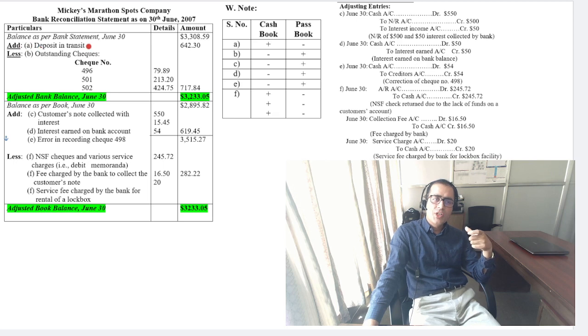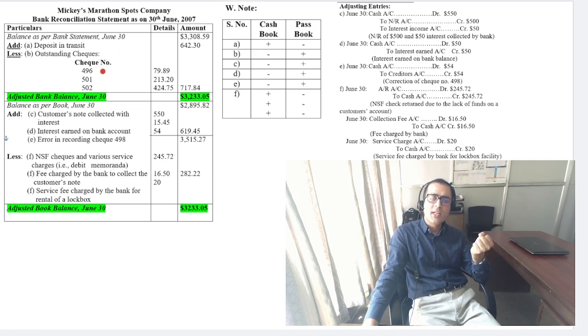Then when we have a deposit in transit, that means check or cash sent for depositing but not deposited, in the cash book it is plus, in the bank it is minus, this is the working note. So you recorded it, that means the company recorded it but the bank has not recorded. So under the bank statement we have to add the deposit in transit.